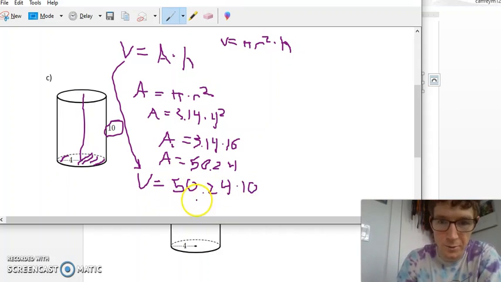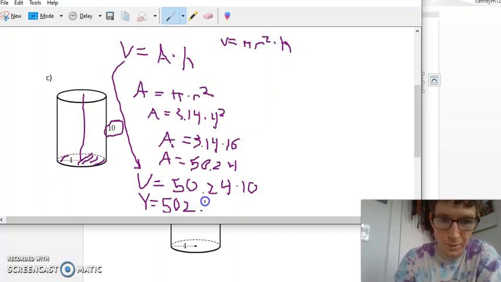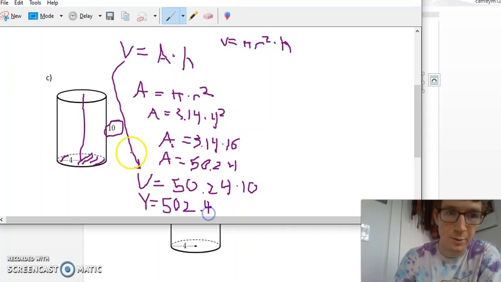So what's 50.24 times 10? That'll be 502.4.